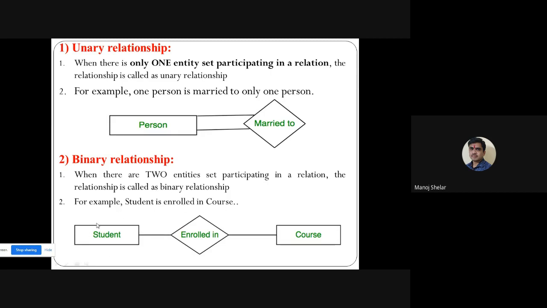Student is one entity, course is one entity, and enroll is the relationship between these two entities, student and course. So this relationship is called binary because there are two entities. This is a simple ER diagram. In this ER diagram, the binary relationship is between student and course. Okay.